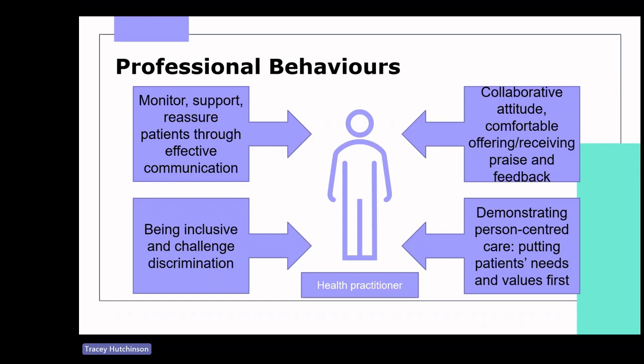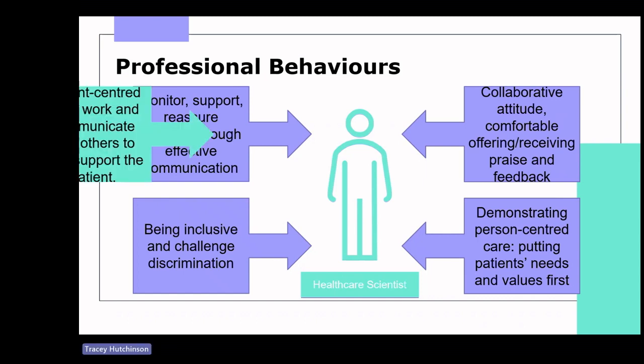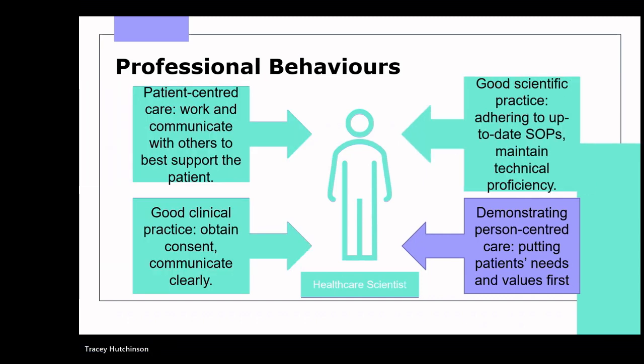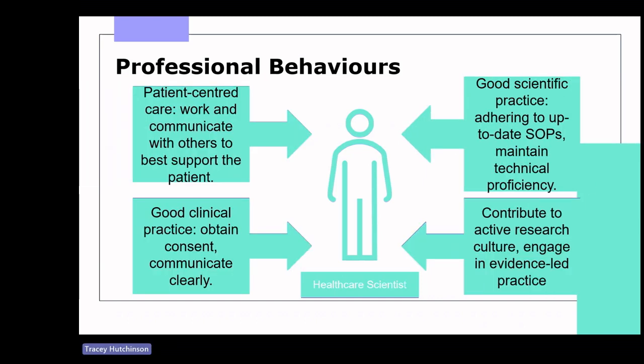So these are your key health areas. You've got your collaboration, being inclusive, effective communication, person-centred care. For healthcare science, good clinical practice, good scientific practice. Again, that patient-centred care, working and communicating effectively, and contributing to active research and evidence-led practice.